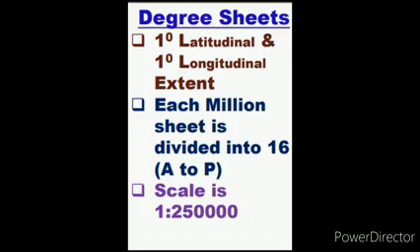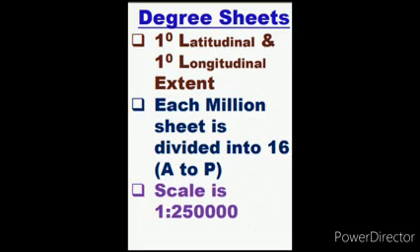We have already learned the fact that million sheets are divided into 16 parts known as degree sheets. So let's turn to the details of degree sheets. Degree sheets are denoted from A to P, that is 16 parts, and it has 1° latitudinal and longitudinal extent.